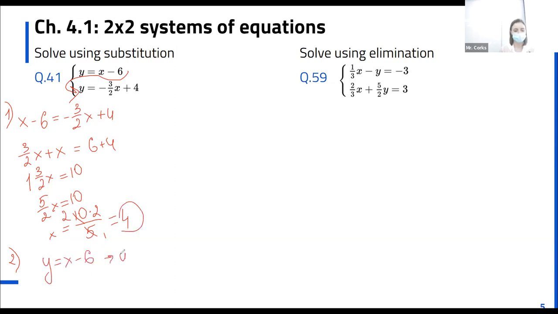So for us, y equals 4 minus 6, so minus 2. The answer is 4, minus 2. Please, when you write the answer, make sure that you write x first and y second. It is very, very important. Pay attention to this.